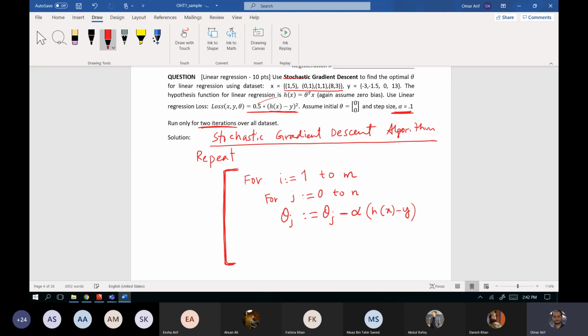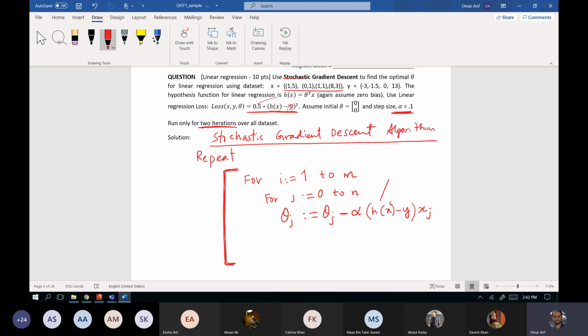I'm left with h of x minus y, and again compute the derivative of h of x, because y is constant as far as the parameters theta are concerned. h of x is given by theta transpose x. I'm computing the derivative with respect to theta, so I will get x here, and not just x, but the jth feature of the x.